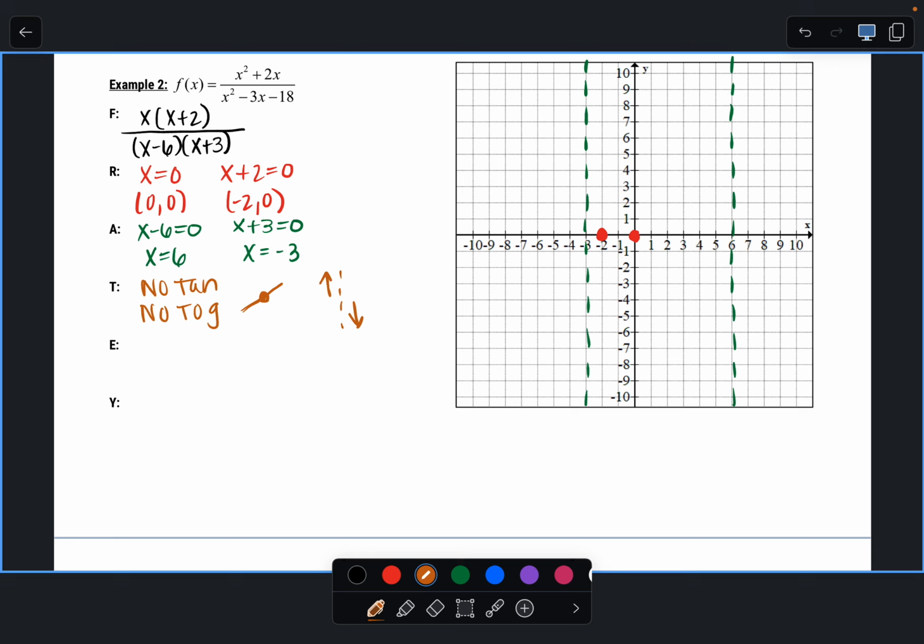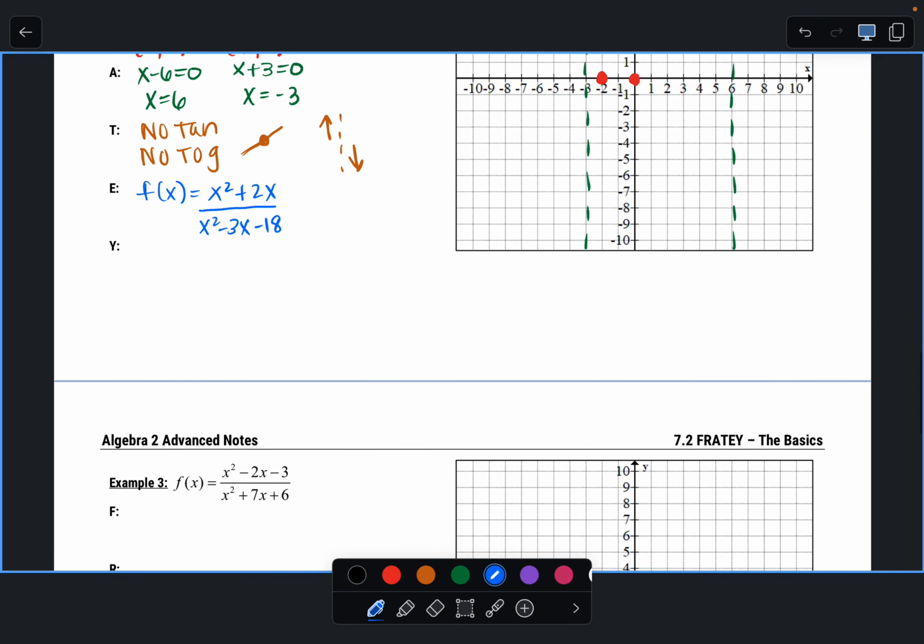Now, end behavior is going to have us look at the highest exponents in our numerator and our denominator. So I like to rewrite in standard form, and I'm going to write the whole thing down here so that we can use it for E and Y. X squared plus, minus 3x minus 18.